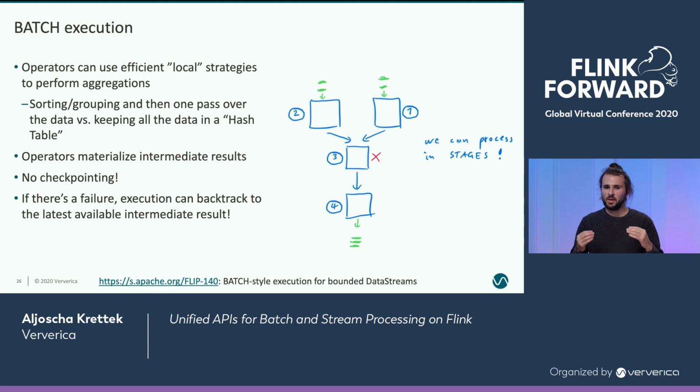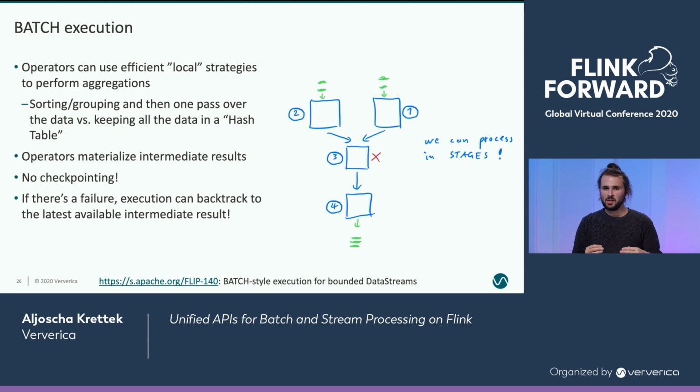So in a batch job where the input is bounded, we can execute these operators one after the other. So we can first, for example, execute this source in one stage, then we execute this other source, then we execute the third operator, and then the fourth operator. And these operators can materialize the results between them such that when there is a failure, we don't need to restart the whole pipeline.